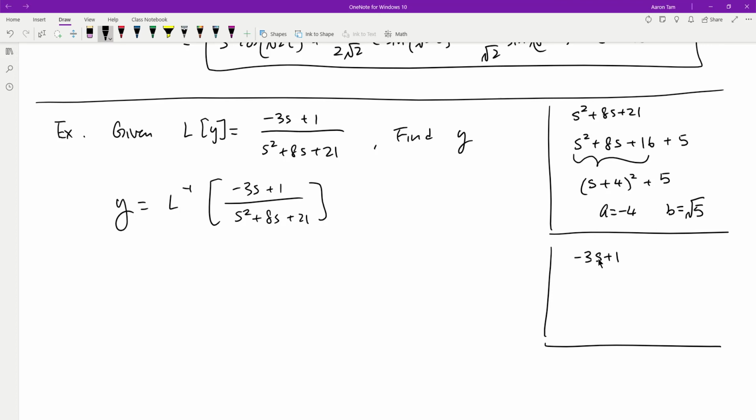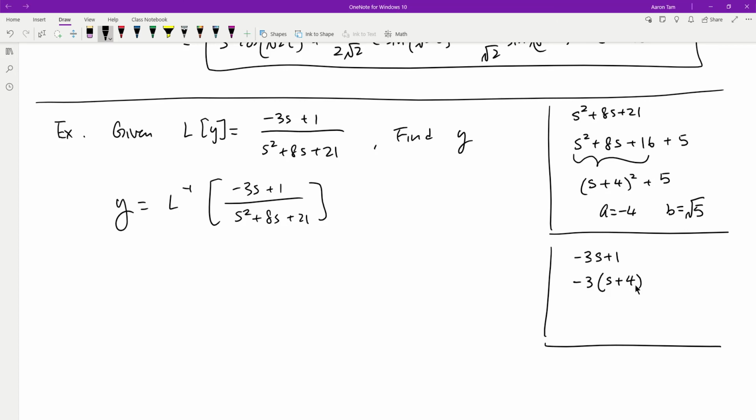And obviously it doesn't look like s minus a directly, but I could make it somewhat look like s minus a. But I do need to deal with the -3. So what I'm going to do is say, well, that would be -3. And let's just make it s minus a, which is s minus -3, s plus 4. Now, obviously, that is not the same thing as what's on top.